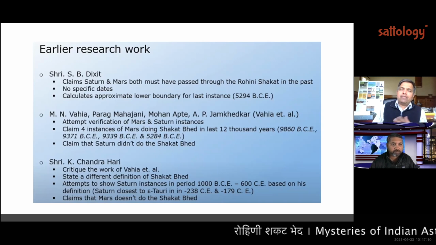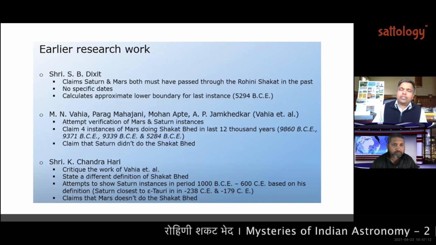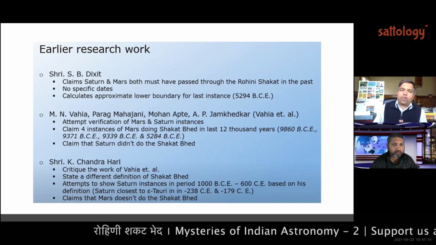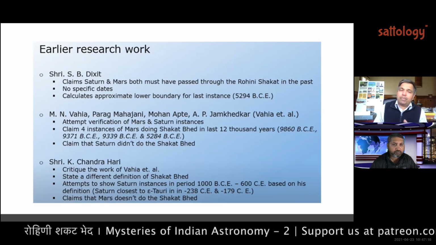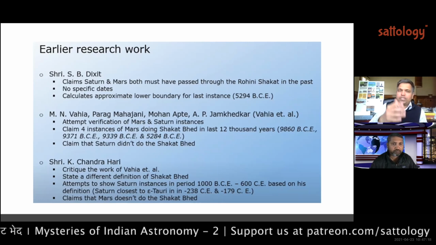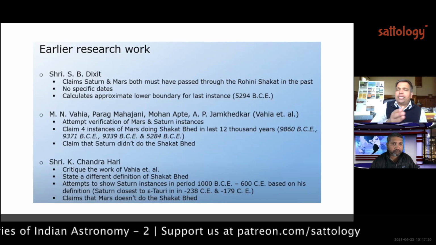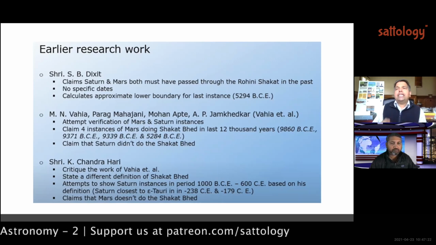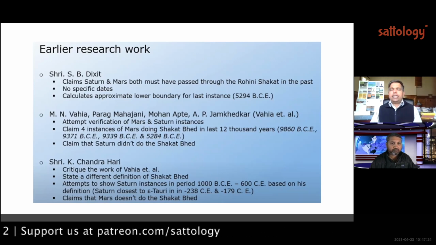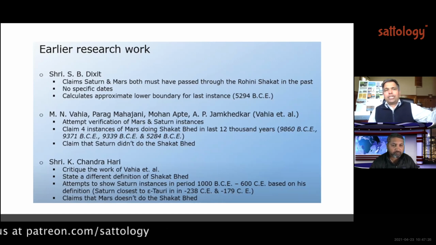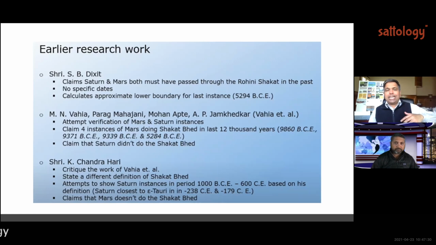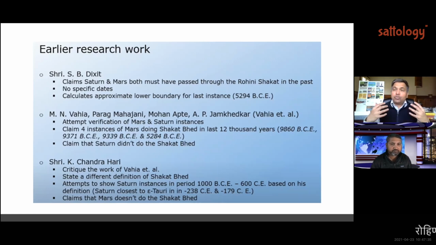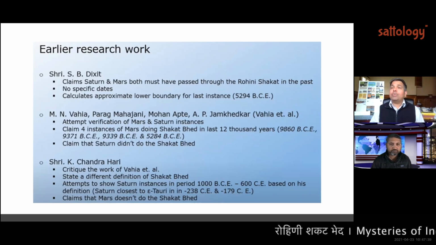Very recently, and when I say recently, I would say the last 20 years, a few scientists from Tata Institute of Fundamental Research, Mumbai, Professor Vahia and a few others, collaborated with Jet Propulsion Lab and their astronomy data coming from Hubble telescopes and whatnot. And they tried to look for instances if Mars and Saturn could be seen doing it.